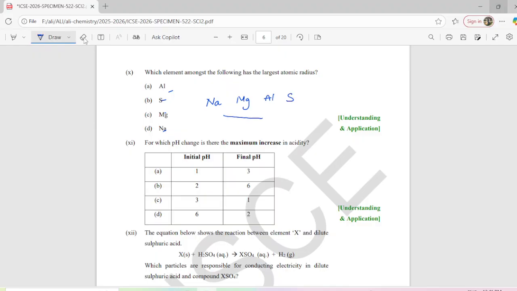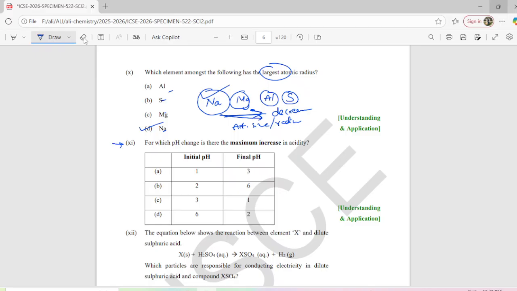In the period we know that atomic radius decreases across the period. That means sodium must have the highest atomic size among these 4 elements, because from left to right in the period the atomic radius is going to decrease. So the largest atomic size must be with sodium. So answer D is correct.